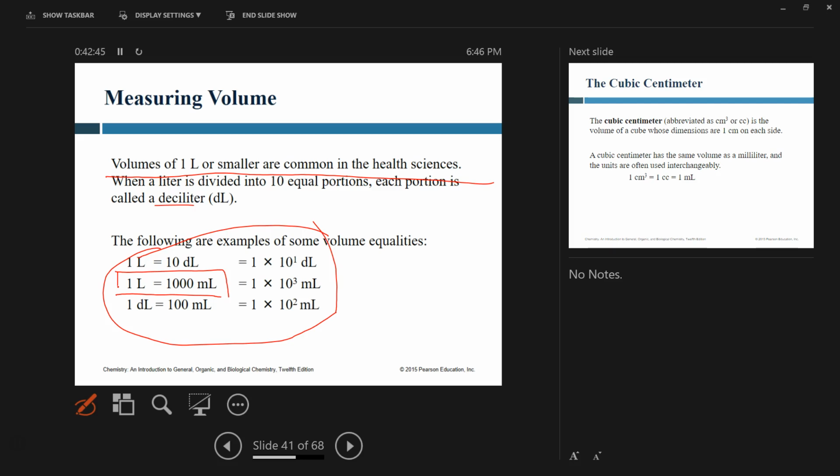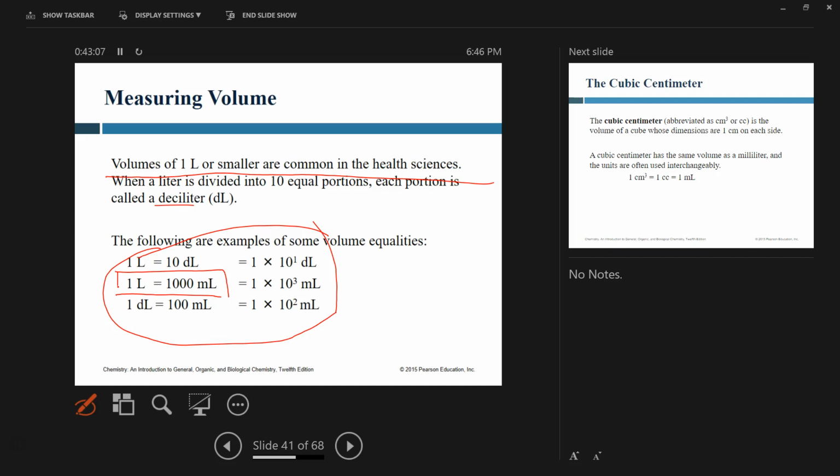You take a basic unit, such as a liter, and divide it into 1,000 parts. Each part, how would you call it? Each fragment will be a milliliter, 1 milliliter.